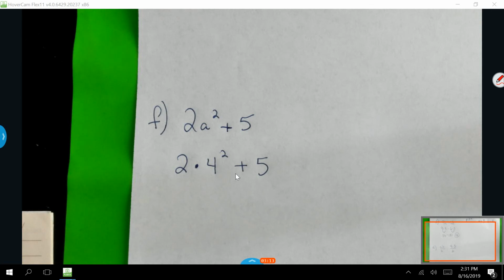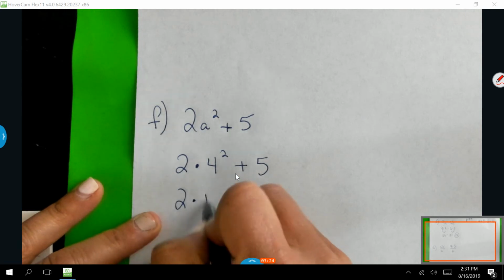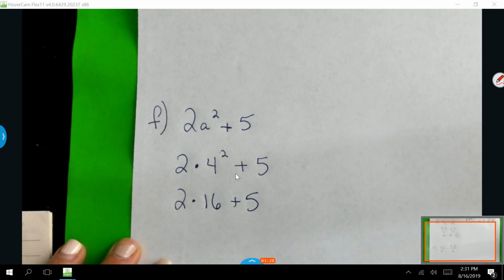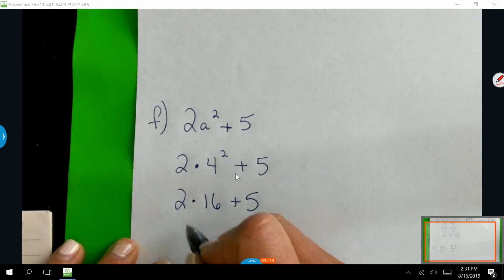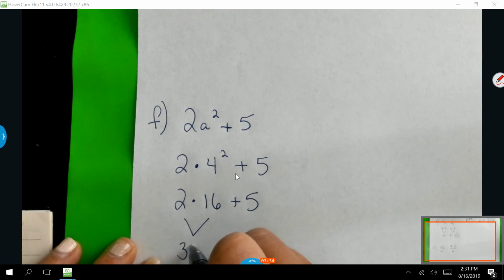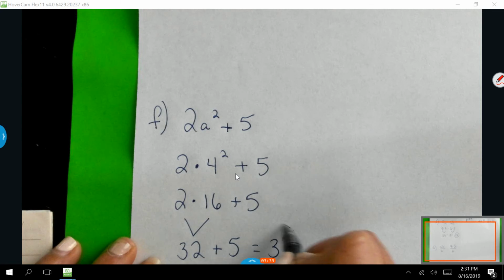Do not multiply these two first. That's how picky exponents are. This is not 8 squared. It is only 4 squared. So it's 2 times 16 plus 5. And then what is 2 times 16? 32. And then you add your 5, and your answer is 37.